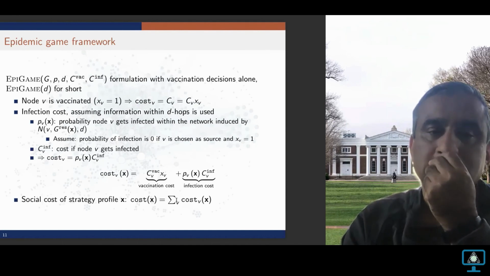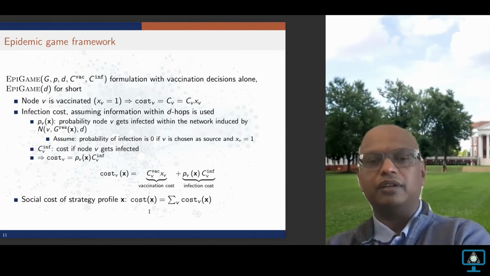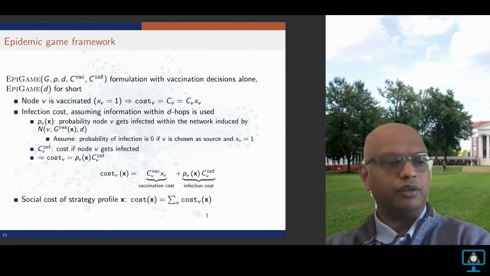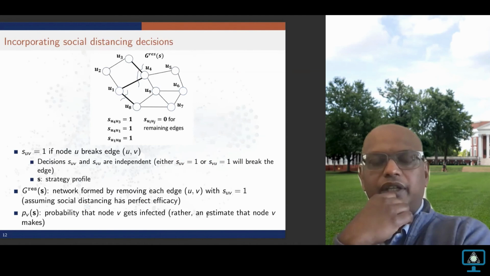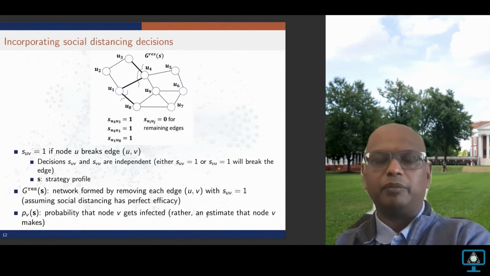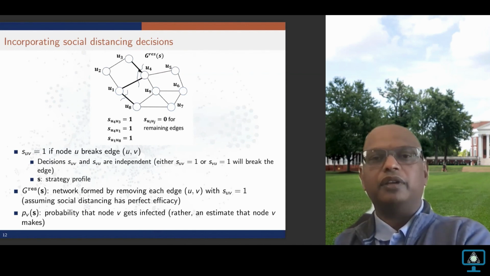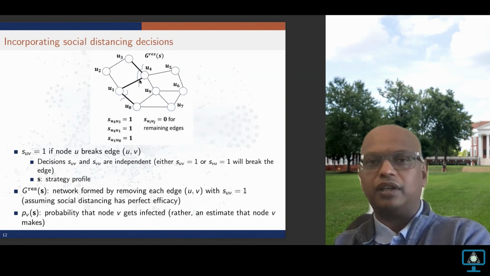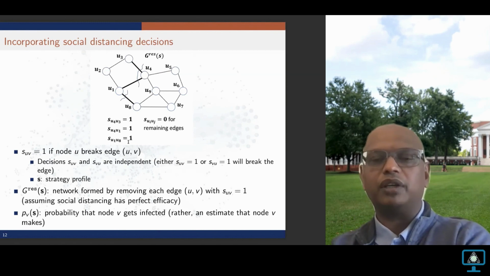The other quantity we'll be considering is the total cost of the strategy, or the social cost, which is just the sum of the costs of all nodes. And just as an illustration, I'll mention how one can incorporate other kinds of epidemic decisions, like social distancing. Here, edges could be broken. So if U4 decides to break the edge U4-U3, then S_U4,U3 is 1, and so on.